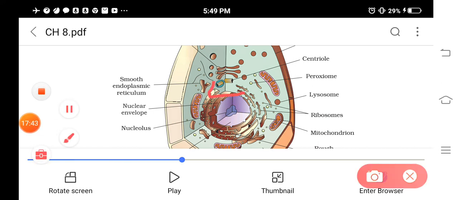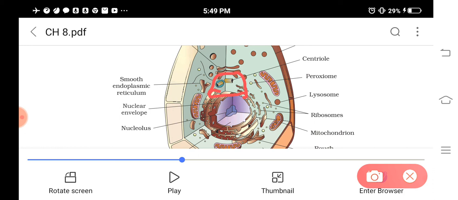So you can see the centrioles here. Two centrioles will be forming the centrosome, and this forms the basal part of the cilia or flagella in animal cells, and this is absent where? Plant cells. And this also helps in the formation of spindle fibers. That also we will study in detail when we study the cell division chapter.